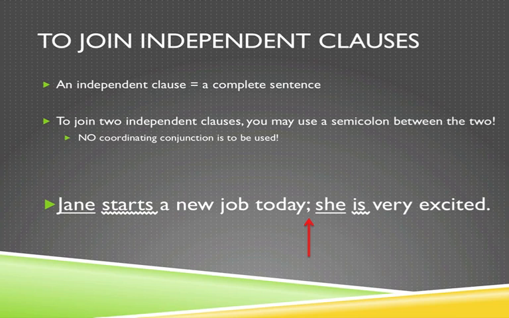Grammatically, those are fine, but perhaps stylistically you wanted to keep the pace going, you wanted to put them together, and that's fine. One way you can do that is by putting a semicolon between the two clauses. Jane starts a new job today; she is very excited. Now we have two sentences becoming one with a semicolon between the two independent clauses.